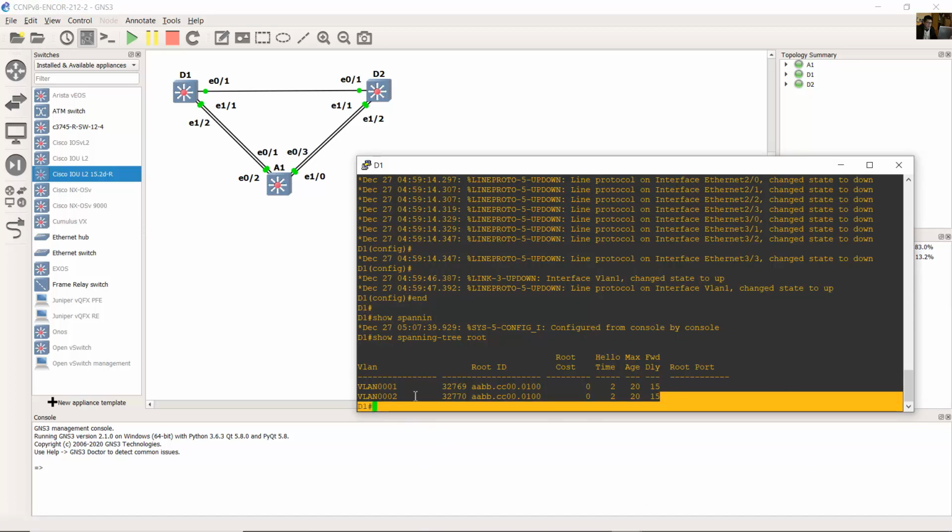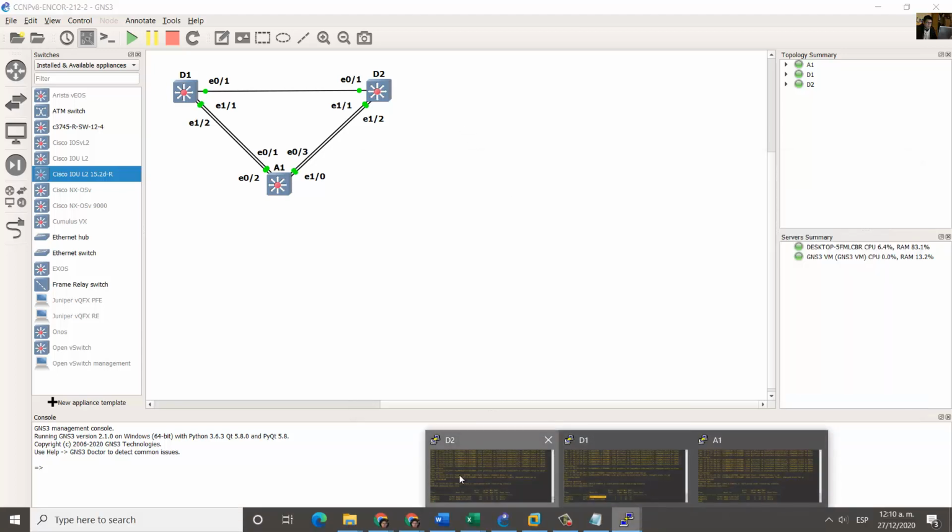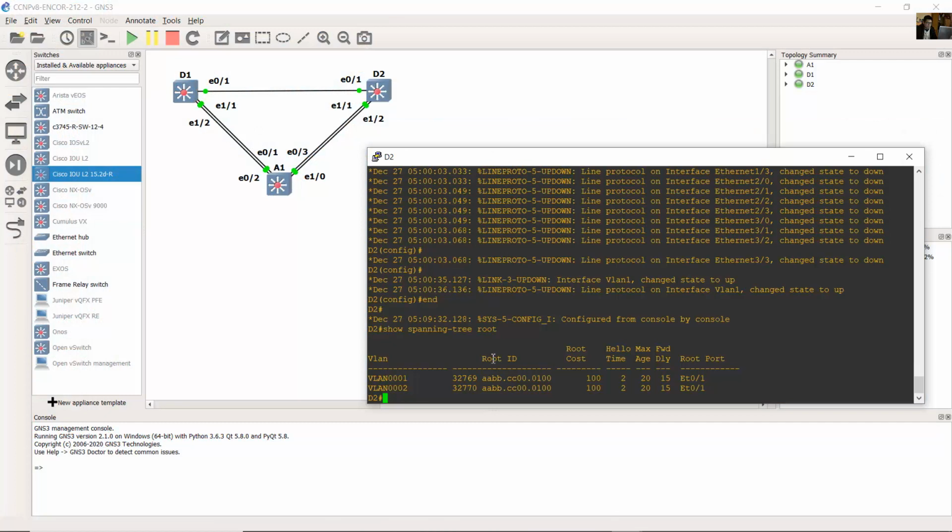And here on D1, you can see this is the MAC address AABBCC000100. And go to D2, and the root ID for the root bridge is AABBCC000100, the base MAC address of D1.